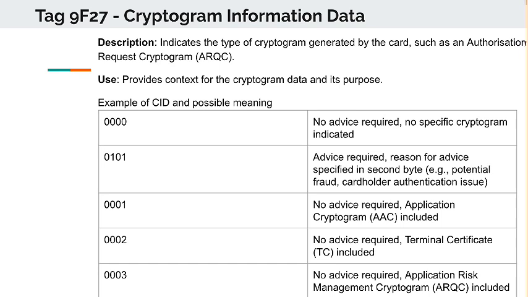But I've seen cases where we have ARQC and the value generated was 0001, right? I've seen cases where it's 0101. So this data is generated by the card to tell the condition of that particular transaction, right? Okay.